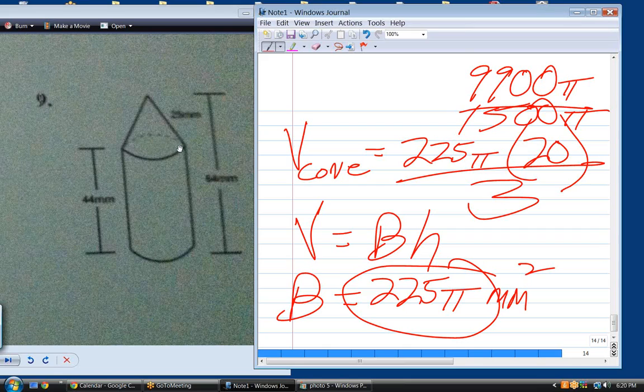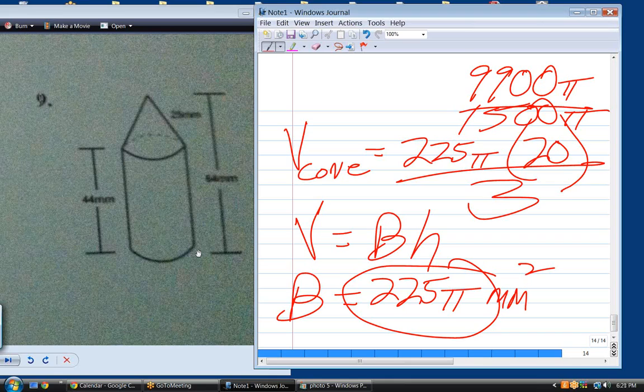Yeah. And you also don't have the base of the cone, so it's only the lateral surface area of the cone. It's the lateral surface area of the cone plus the lateral surface area of the cylinder plus the area of the base of the cylinder that is how you would do surface area on an object like this. It's actually harder to do surface area because you have to chop it up and subtract off some surfaces.